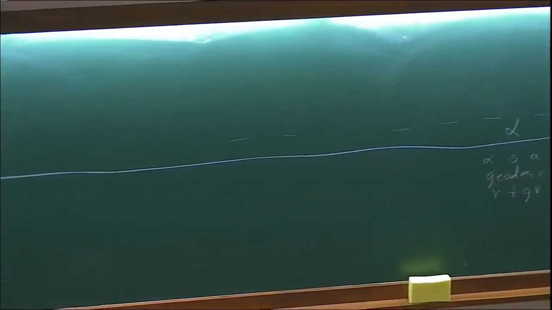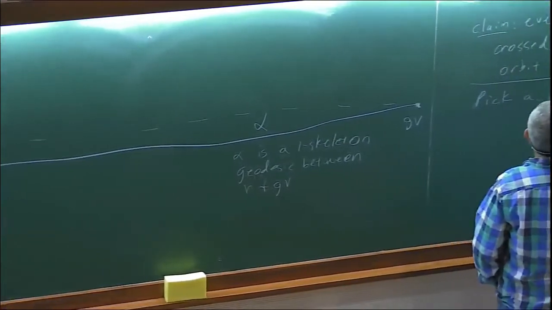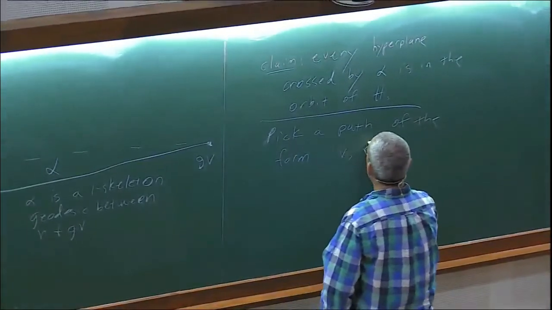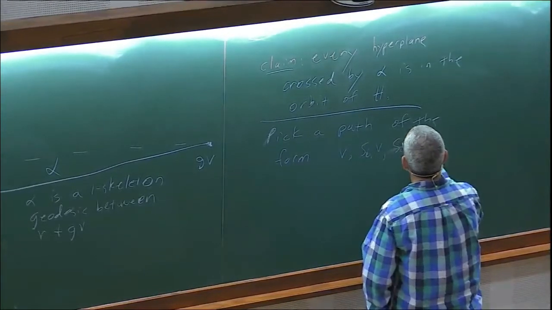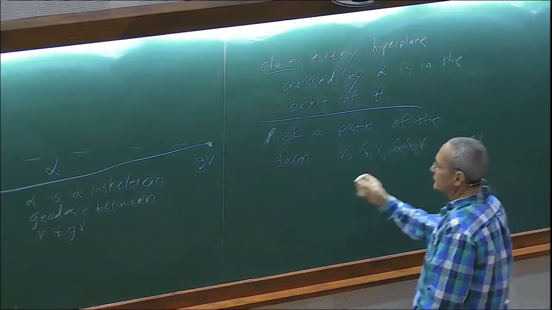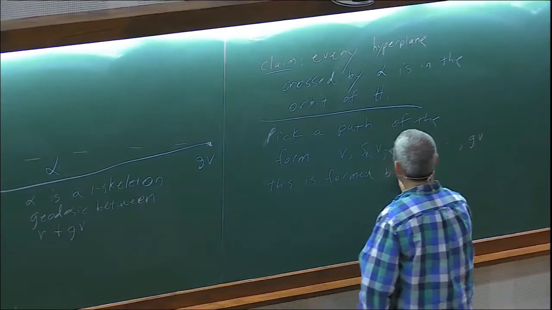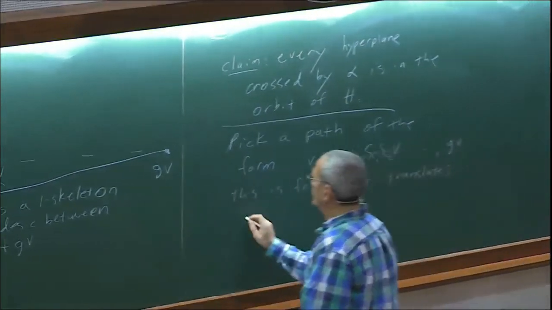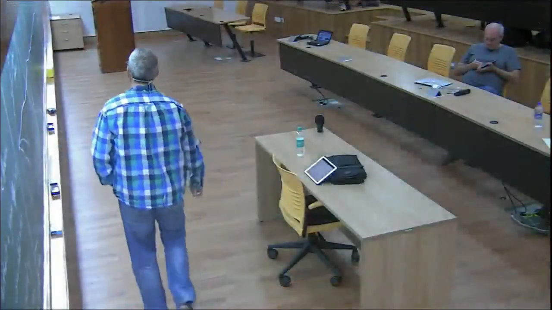So that's that claim. Pick a path of the form V, S_{i1} of V, and so on, up to V, GV, and this is formed by translates of, maybe we'll call these alpha i's, so alpha 1 up to alpha n, these different paths.